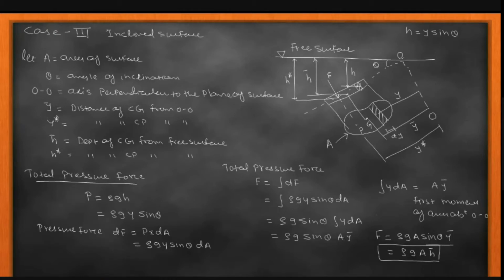Now similarly, as in our earlier practice, we take the moment of the forces around the reference axis, but instead of the free surface, in this case the reference axis is OO.